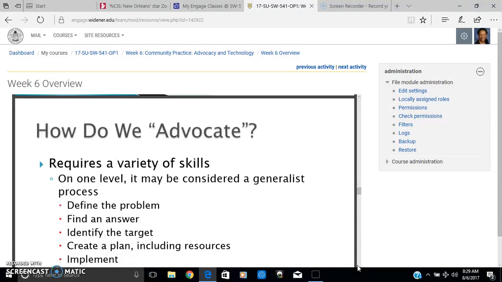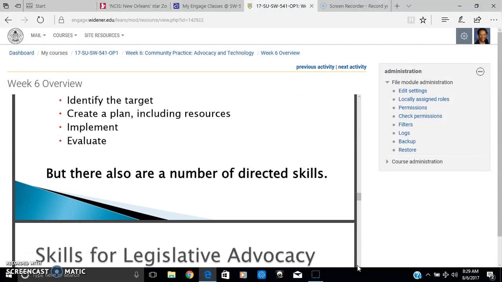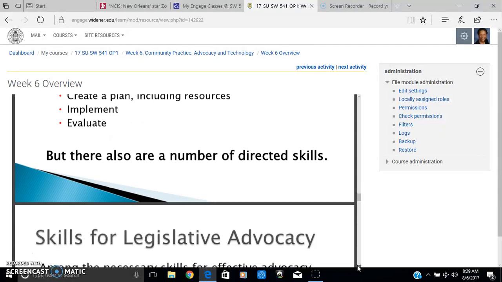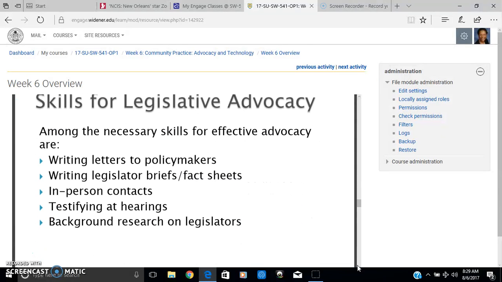So we have to define what it is we're advocating about. We need an answer, identify the target, create a plan, implement that plan, and then evaluate to see if it was effective. You can do this by writing letters to policymakers, writing legislator briefs or fact sheets, doing in-person contacts.